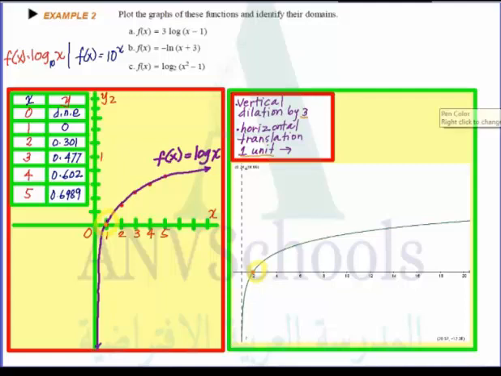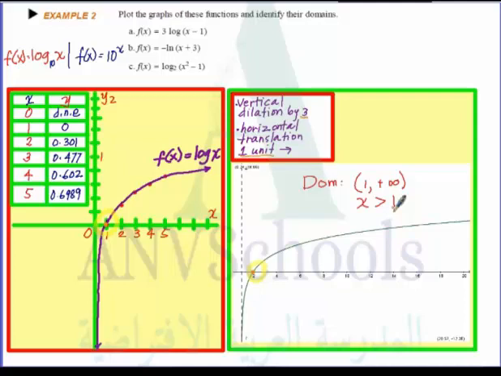So the domain of this graph is from 1 to positive infinity, or in algebraic terms, x is greater than 1. Okay, that is the domain of this function.